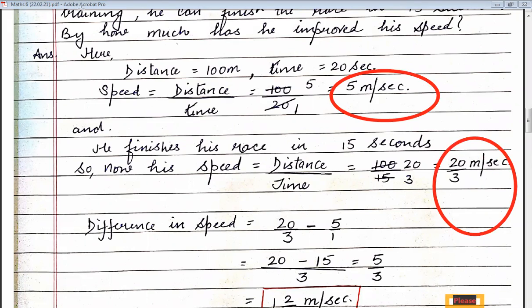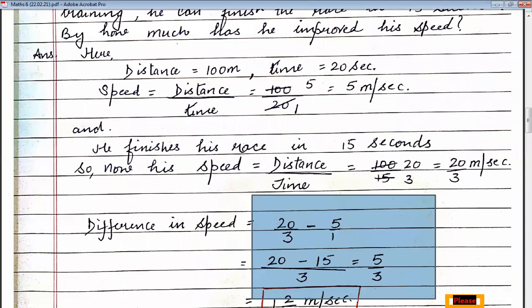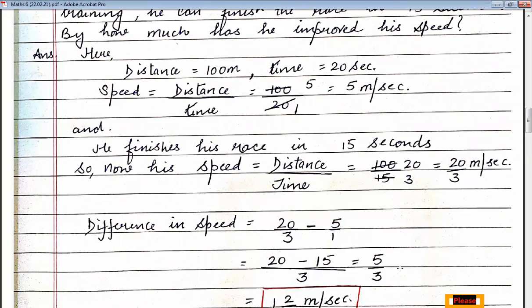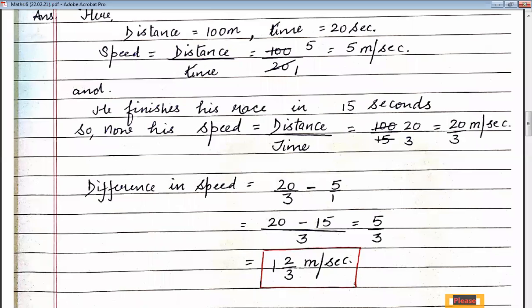So let's subtract them. 20 upon 3 minus 5 will give you 20 minus 15 upon 3 after taking LCM, which is equal to 5 upon 3. So now children, how much speed has he increased? That is 5 upon 3 meter per second. Okay children, while reading speed, distance, time, read the question very carefully.